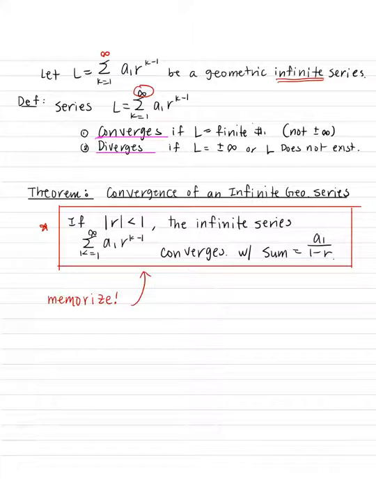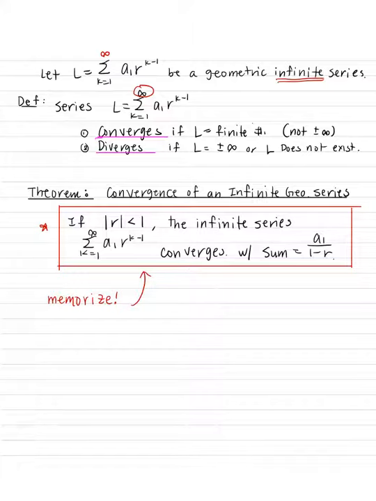We say that it converges if L is a finite number, meaning not plus or minus infinity or not oscillating, meaning it's going to go to 2, negative 2, 2, negative 2, and it's never going to converge to one numerical value. Otherwise, we say that it diverges if L is plus or minus infinity or L does not exist. L does not exist means what I was just talking about: 2, negative 2, 2, negative 2.